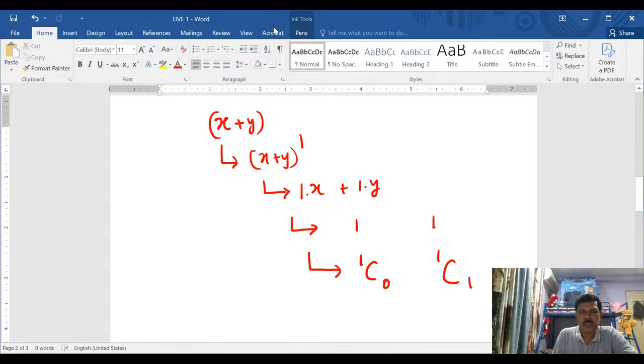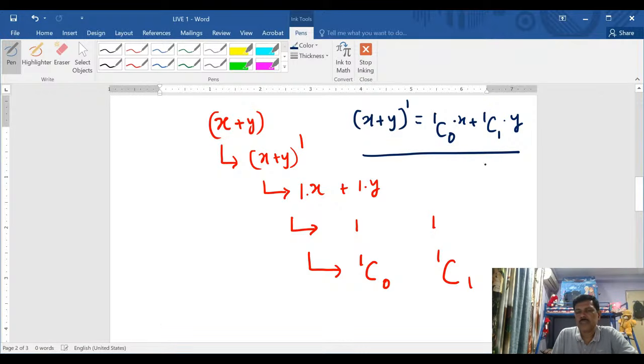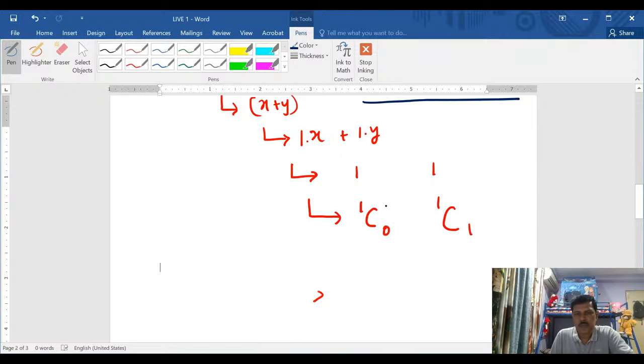So ultimately x plus y power 1 is equal to 1c0 into x plus 1c1 into y. So this is the binomial theorem expansion of x plus y.